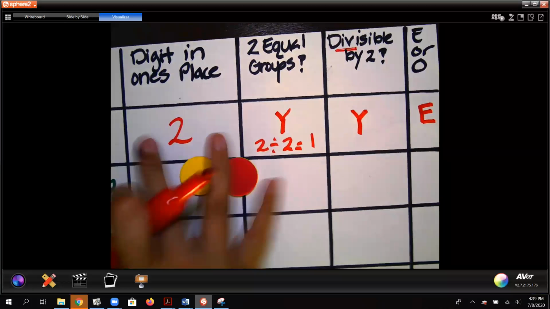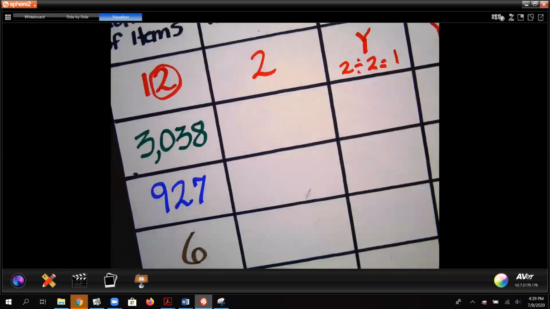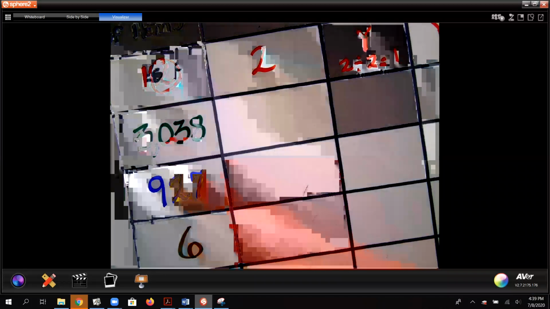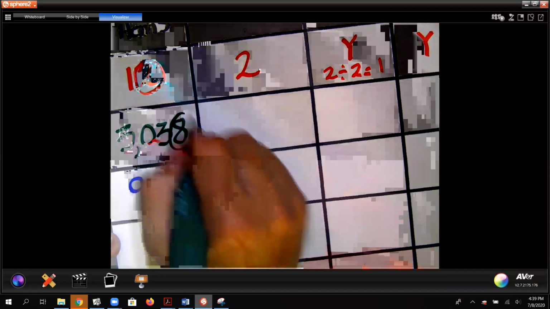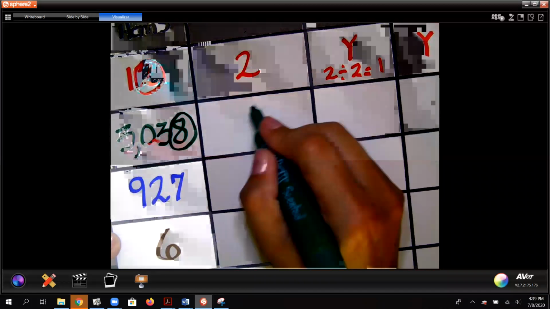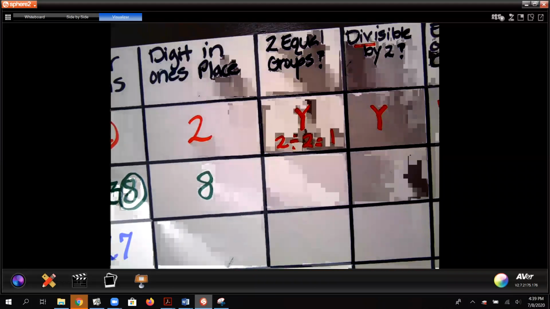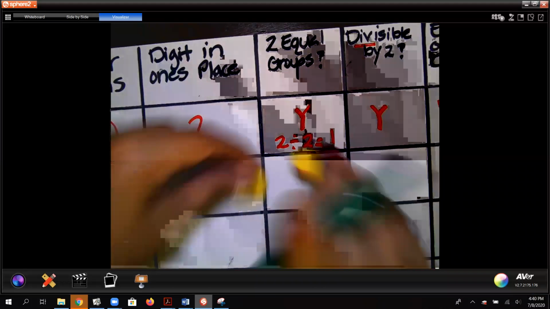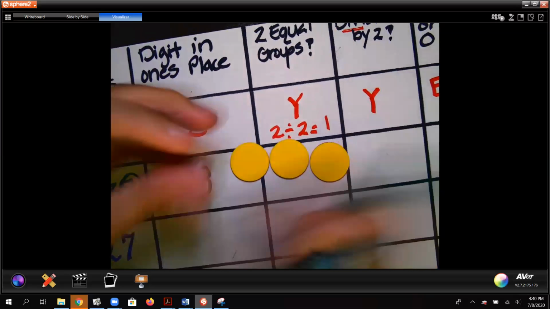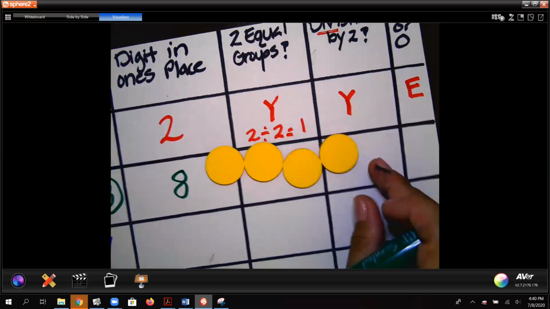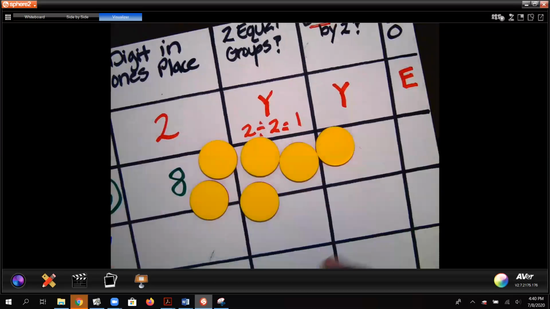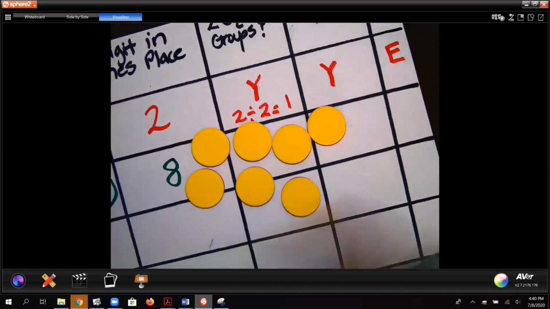Okay, let's try the next one. The next number is 3,038. Quite a big number. But remember, it doesn't matter how big it is, you always look at the ones place. That is an 8. Can I make 2 equal groups? Well, let's get 8 counters up here and see. 1, 2, 3, 4, 5, 6, 7, 8.